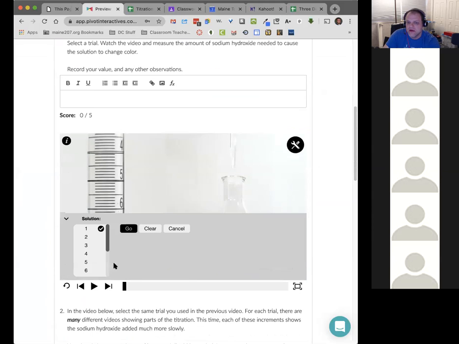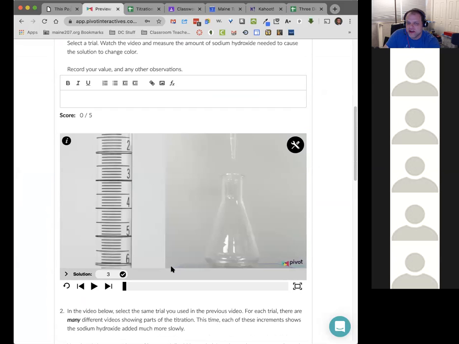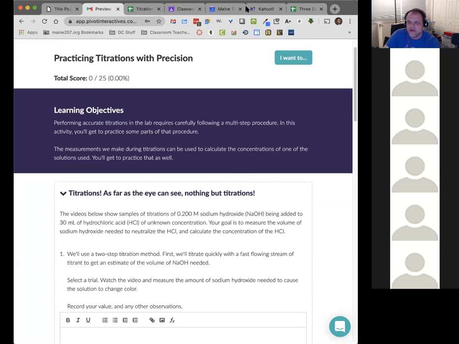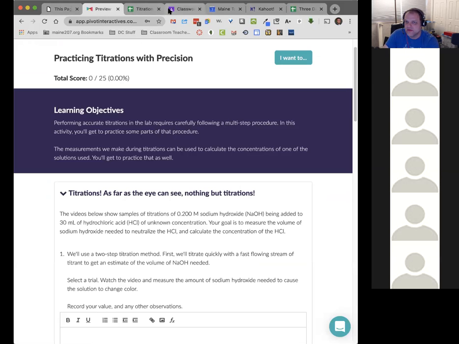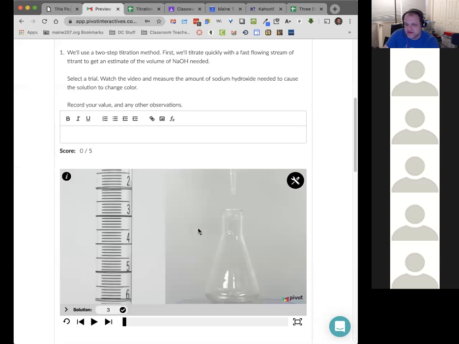Okay, so if I look at solution 3, I don't think that the molarity changed for you guys. No, it didn't. So we can make all of those 0.2 as well. And the volume of base is going to be different depending upon how much was in the burette.